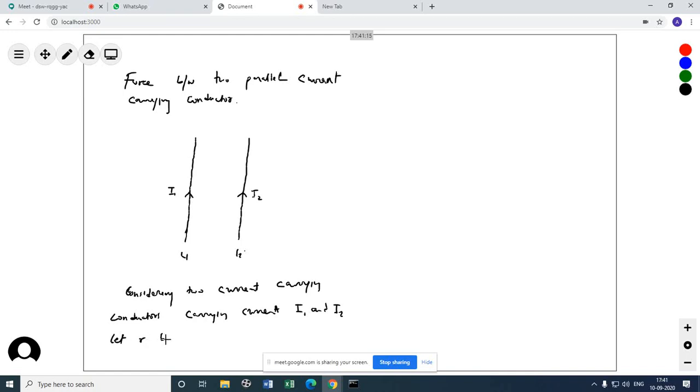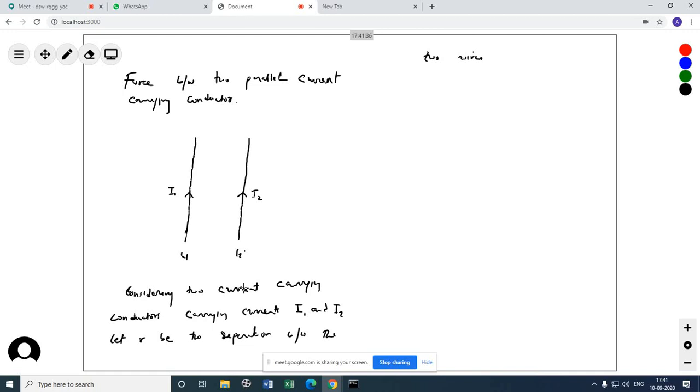Let R be the separation between the two wires.